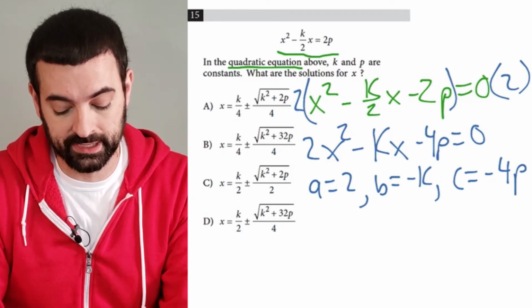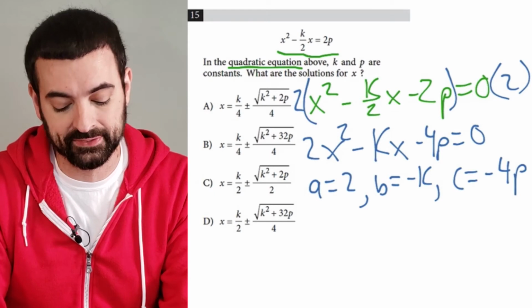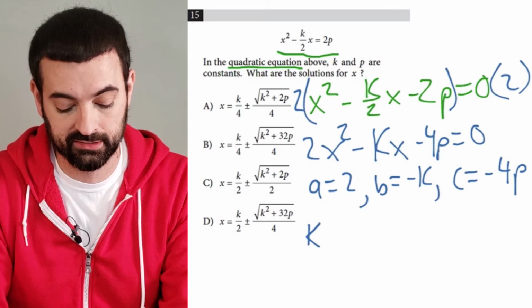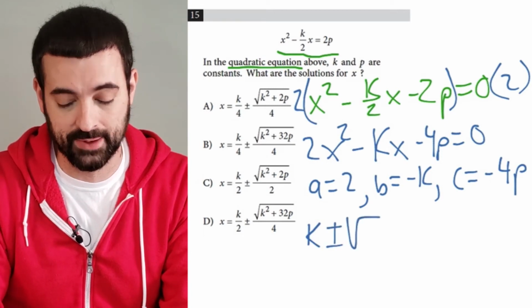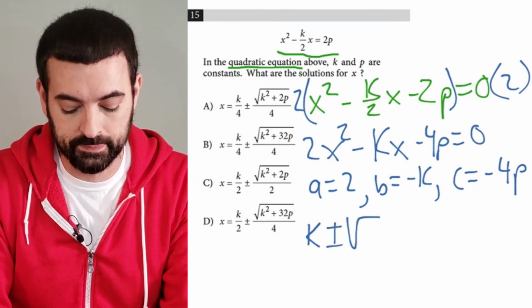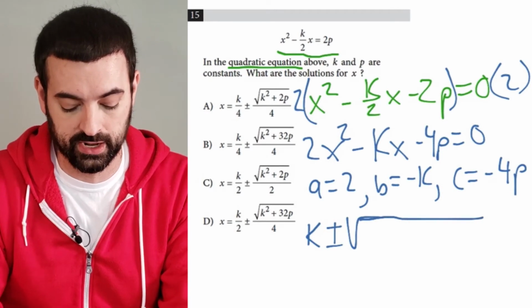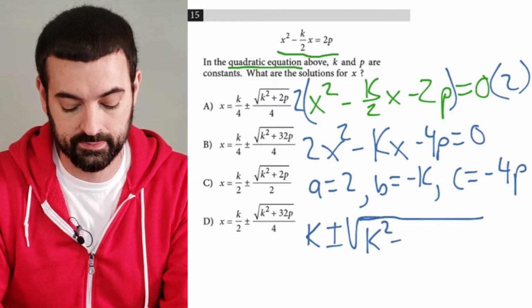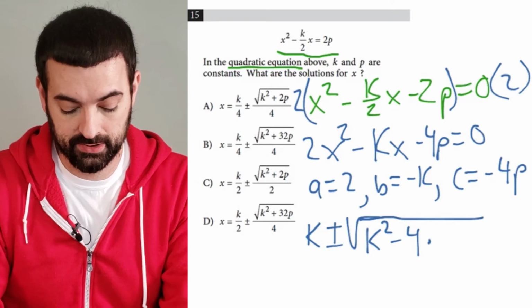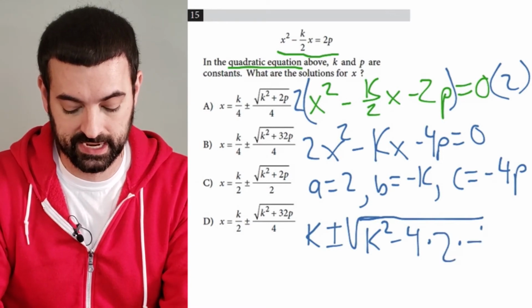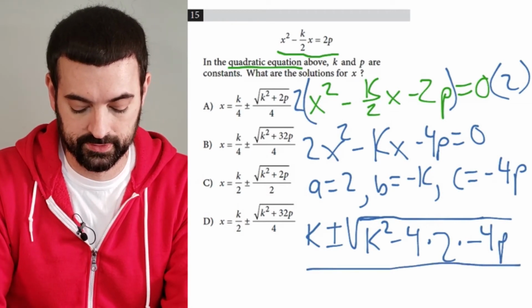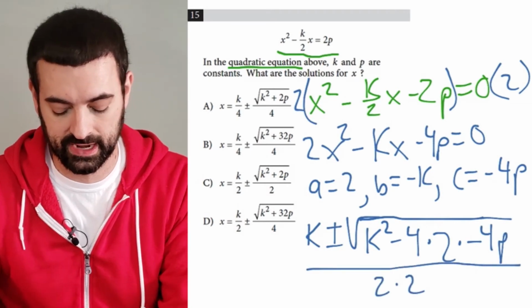It's minus b, so minus k, minus negative k is positive k, plus or minus the square root of negative k squared is k squared minus 4 times a, which is 2, times negative 4p, and that's all over 2 times 2. That's our a value.